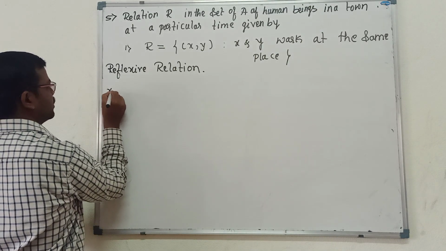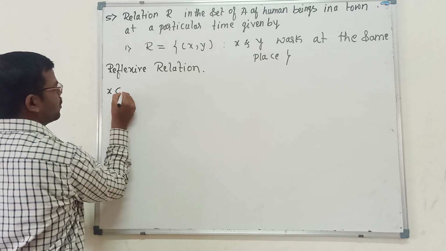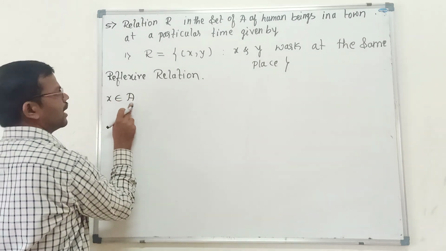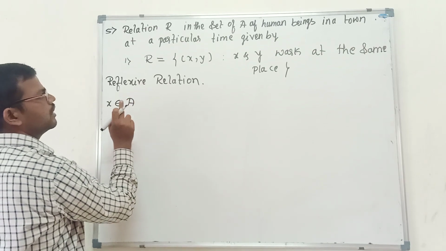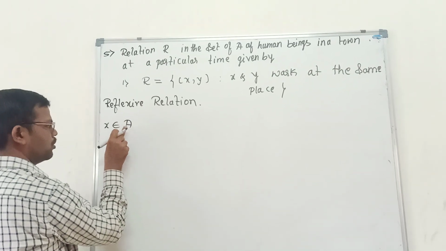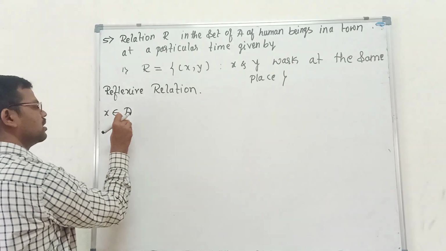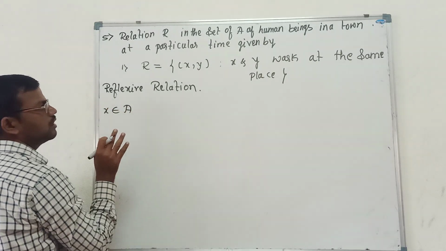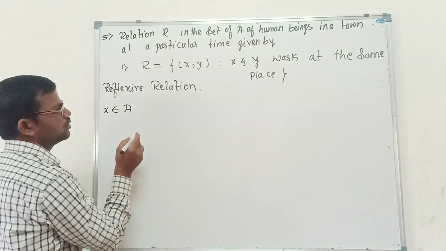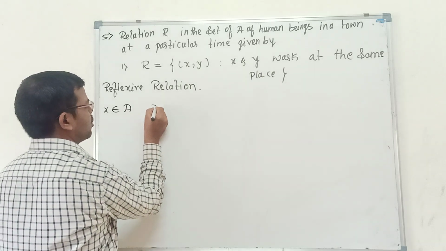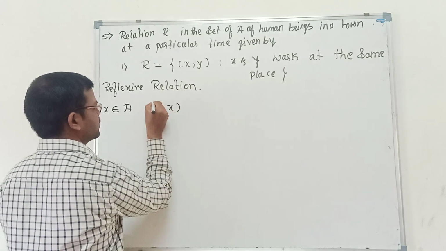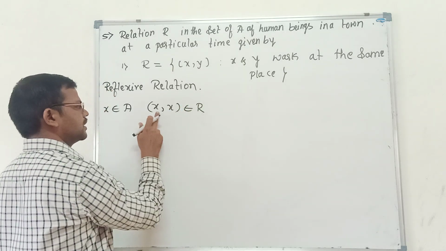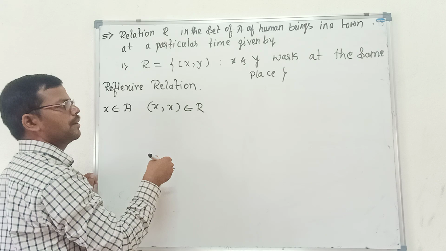So x is a person who belongs to the set A, and he is being in a town at a particular time. He belongs to the human beings being at a particular time in that town. So (x, x) belongs to R. Why? Because x itself works at the same place.